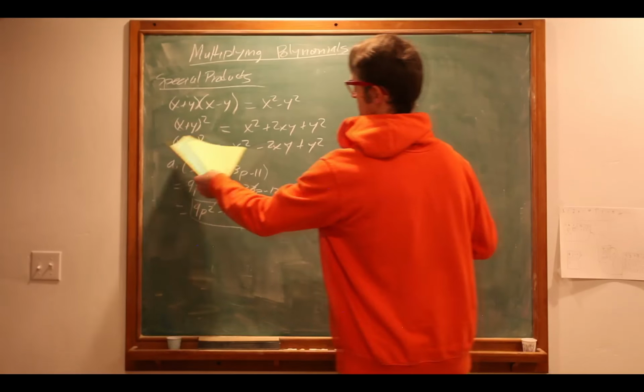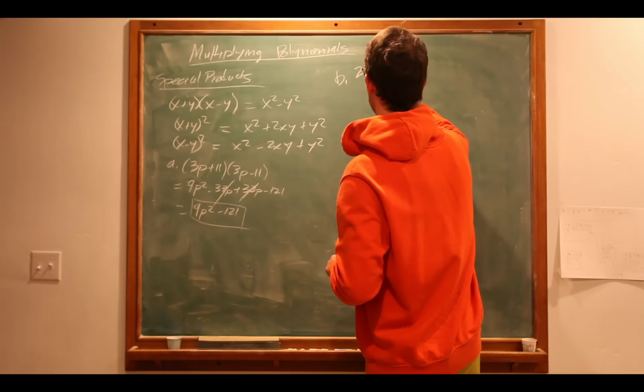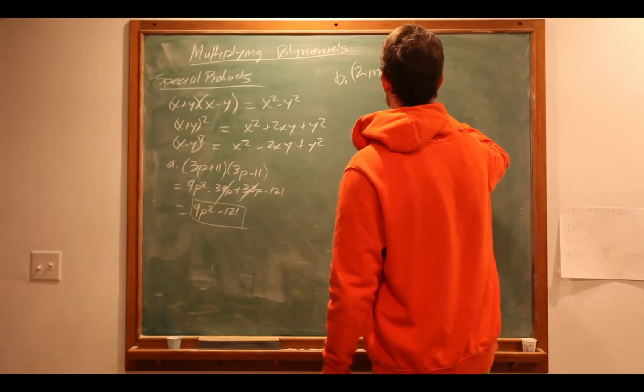Okay, now we're going to do one of the second form. So 2m plus 5 squared.